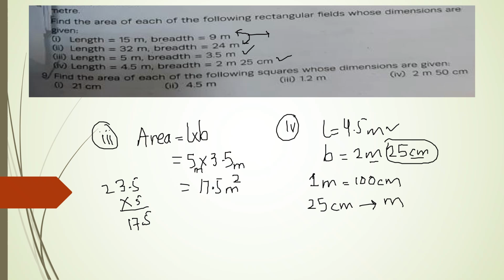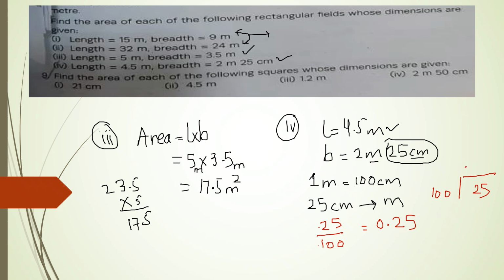So we will divide 25 by 100 and we will get 0.25. You can do it here, like we have 100 here and we have 25 here, right? The number in the denominator is written outside and the number which is in the numerator will be written inside.